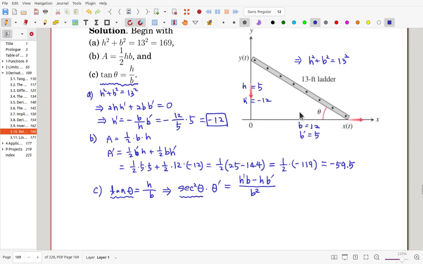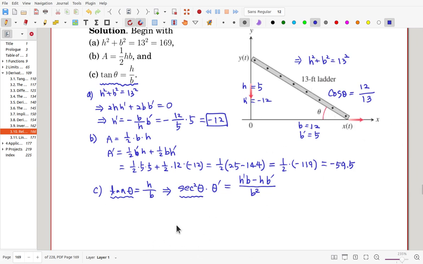At this moment, secant theta is the reciprocal of cosine theta. From this picture, we already know that cosine theta is 12 over 13, the ratio between the base and the hypotenuse.